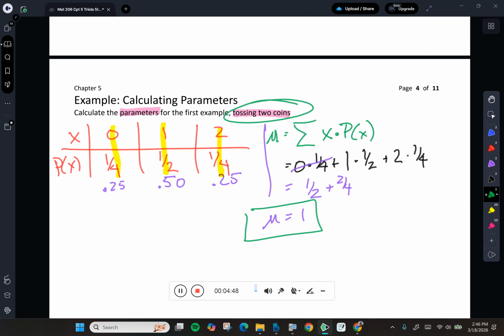Right? Now, the reason why I say it's very, very close to 1 is because I would be doing statistics on a sample. This is the parameter for the population.